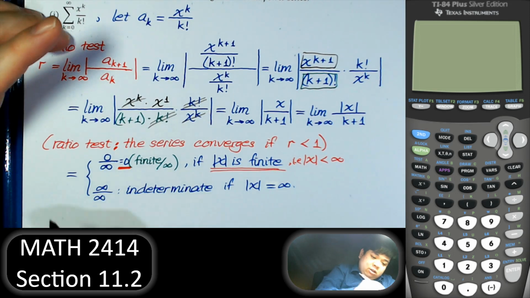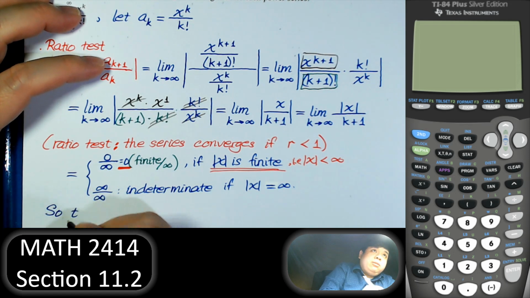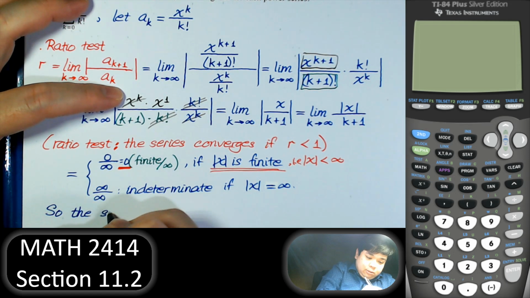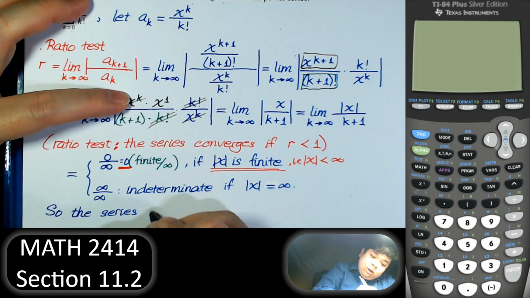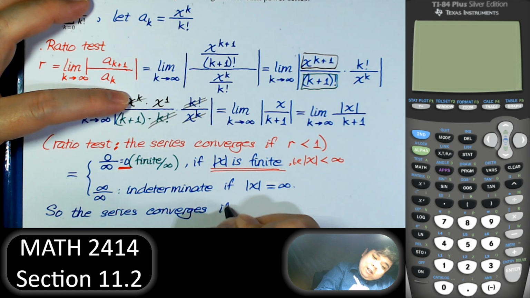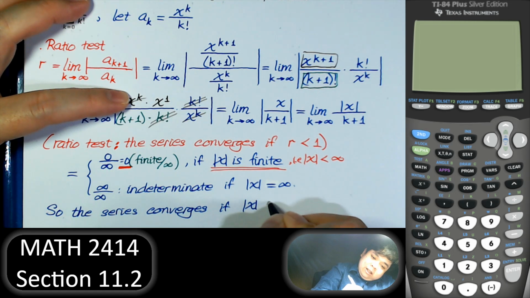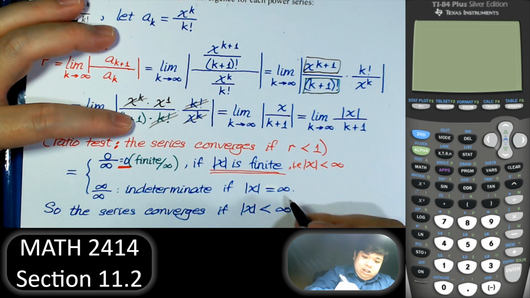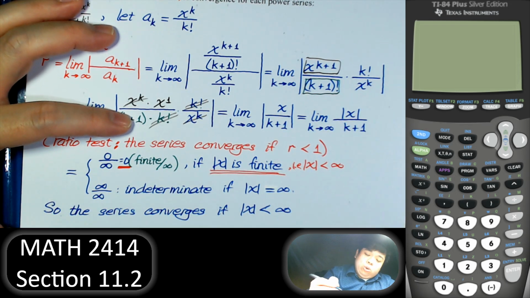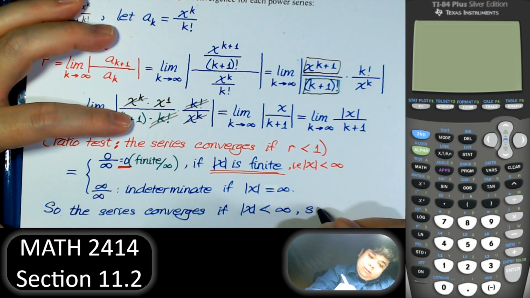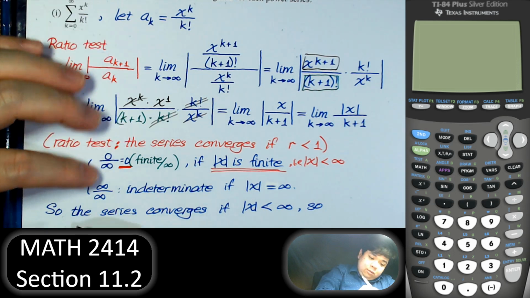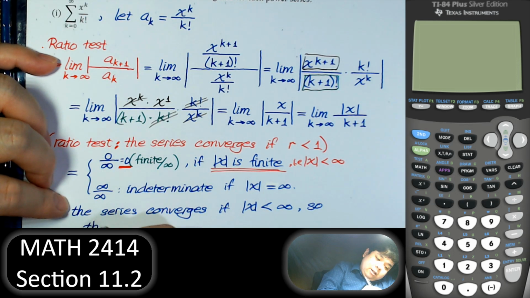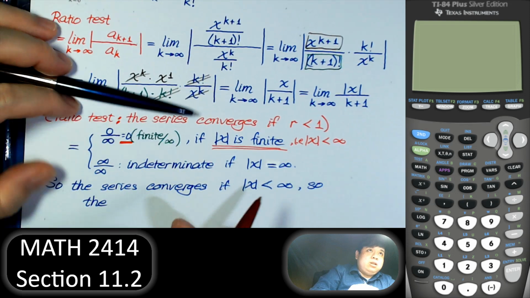So let me write it out. So the series converges if the absolute value of x is less than infinity. So in this case, r is equal to infinity. So the radius of convergence.